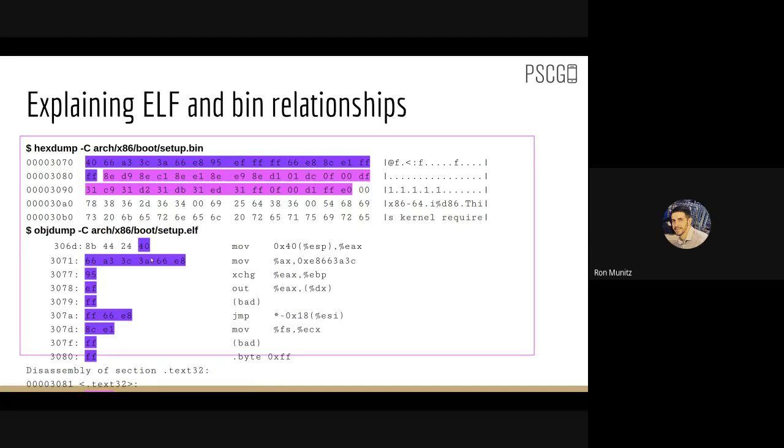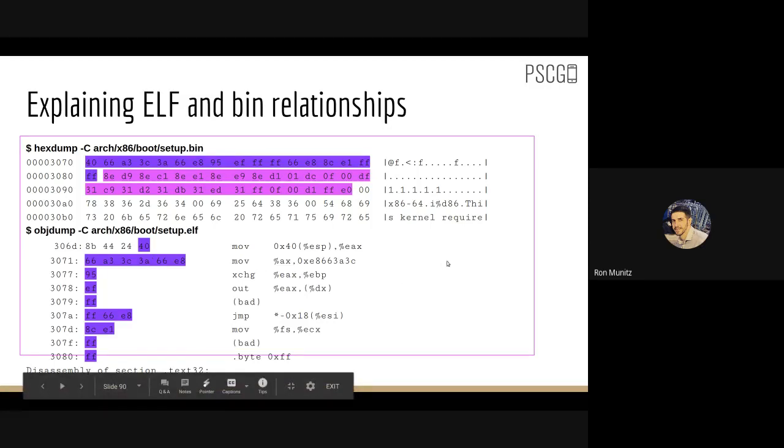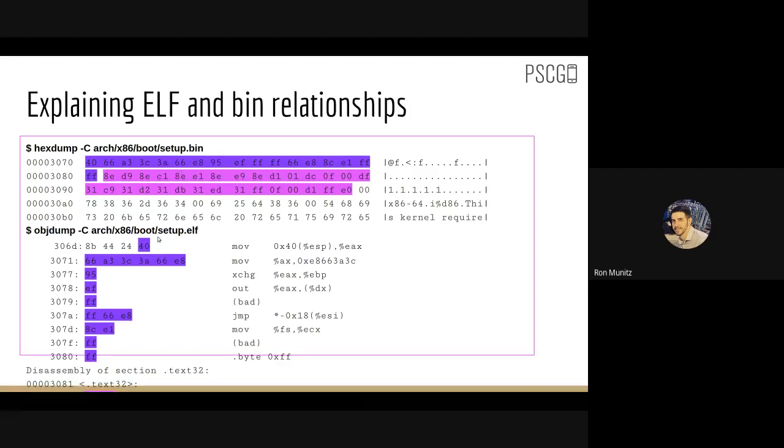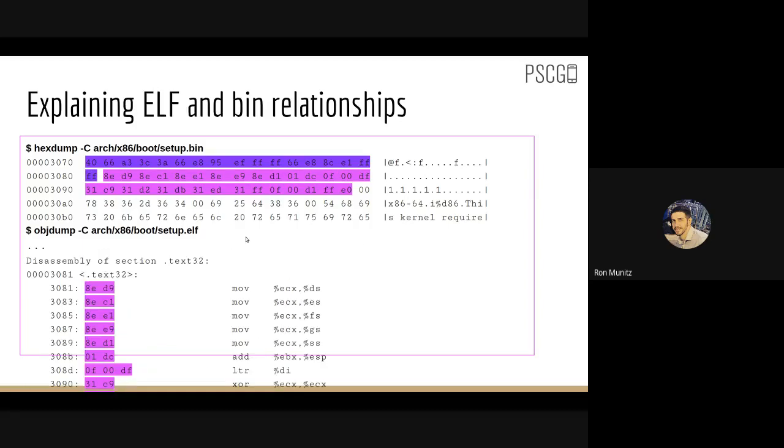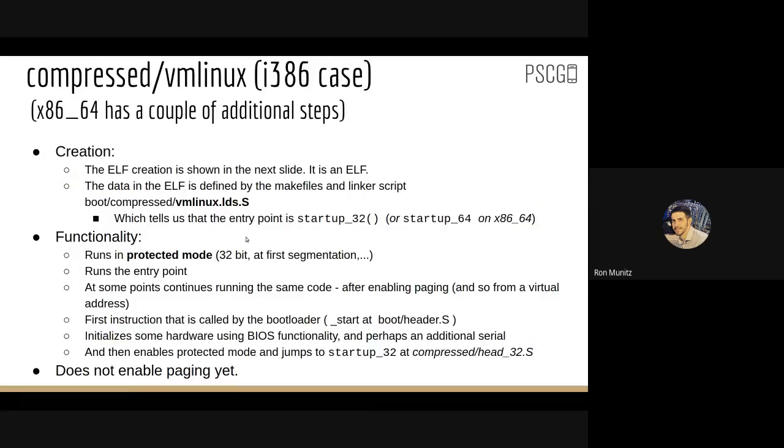Here we have one particular section, and then we have a .text32 section, never mind exactly what. And the colors match to the bytes. So if you are a very careful or very fast reader, you can see that it's the same content. So what we actually have is everything one on top of the other. What exactly the code does doesn't really matter. So this is what we're going to tackle next, the setup.